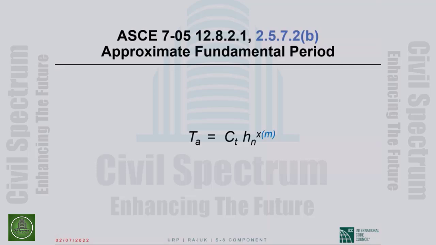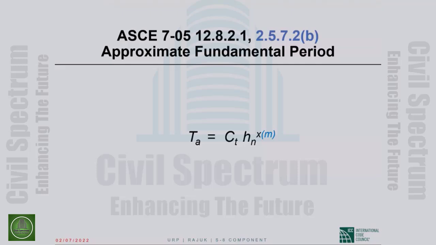The sole purpose of the approximate period is to get us started, but also T sub A is designed to be lower than the real period. The idea being, if we don't later refine our period estimate, our design will still be on the conservative side, because the shorter the period, the larger the design base shear.